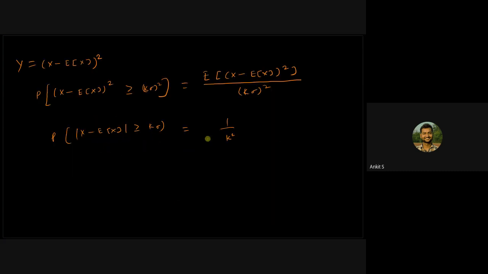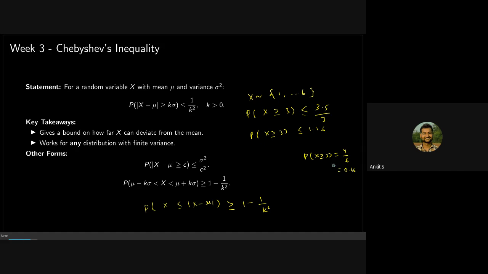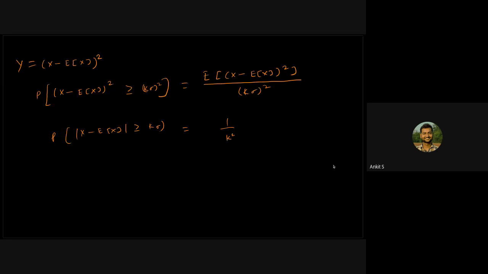You will find that the upper bound becomes smaller. It would have been more useful if it gave me a value like 0.7 or 0.8, which is closer to the actual value. So Chebyshev's inequality is more accurate.